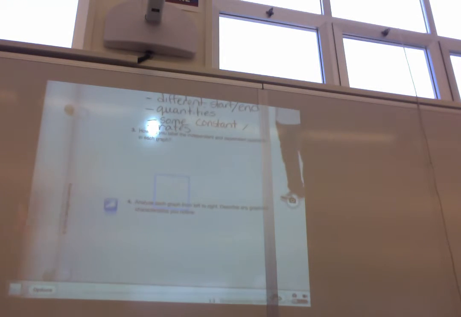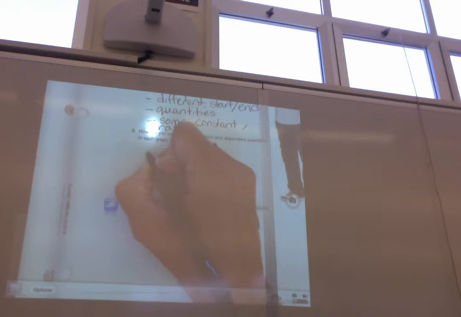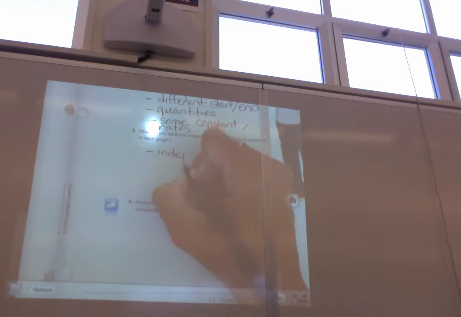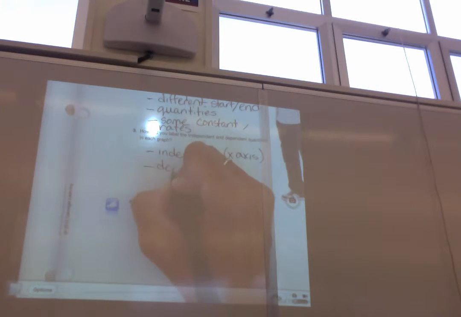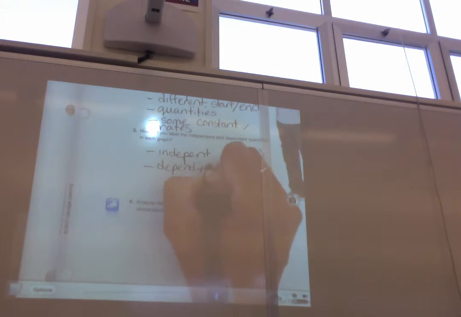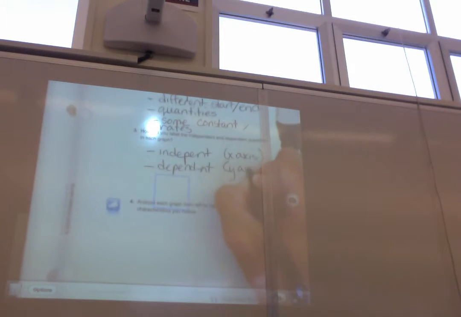Now, number 3. How do we label independent and dependent quantities? Jerry: isn't the independent quantity the x-axis? Independent is the x-axis, and that would mean dependent is the y-axis.